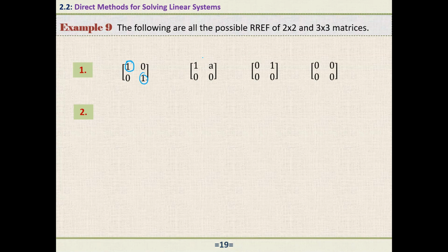And also here we may have this: only one leading entry, and under and above there's nothing, it is 0. And here it may be A, because here we have only zeros. Or also we may have this form, where the leading variable has 0 everywhere else, and here we have 0, 0, 0. It's already in reduced row echelon form.